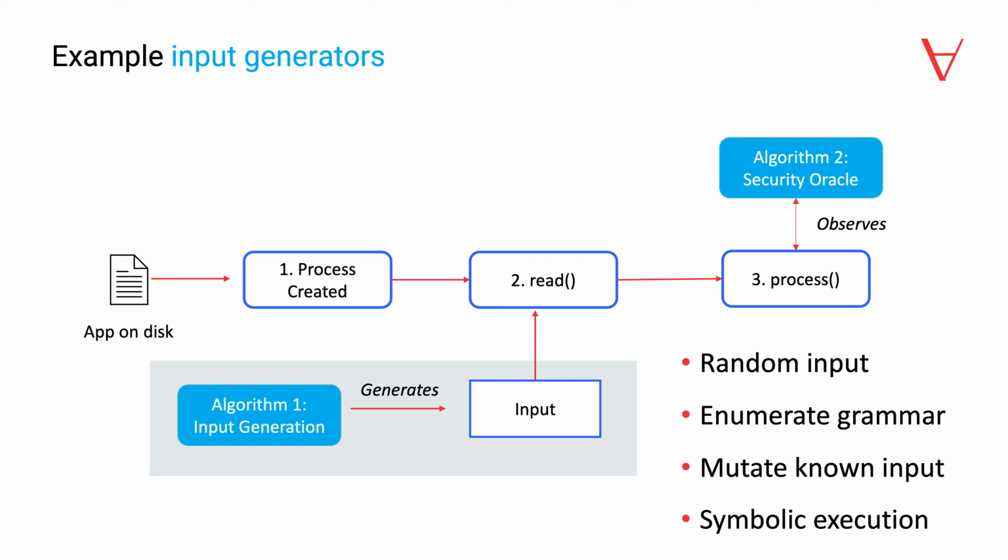You could mutate known inputs. For example, if you have an application that processes MP3 files, you could start with an example MP3 and keep mutating it until you find, for example, bugs. Or where research has been heading a lot in academia is using something called symbolic execution, where we actually analyze the application as it's running, build up a formal model of it running, and use that to generate inputs.